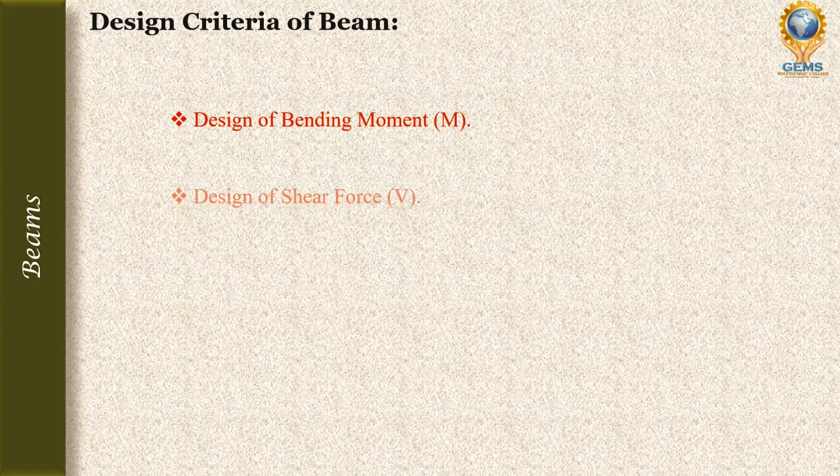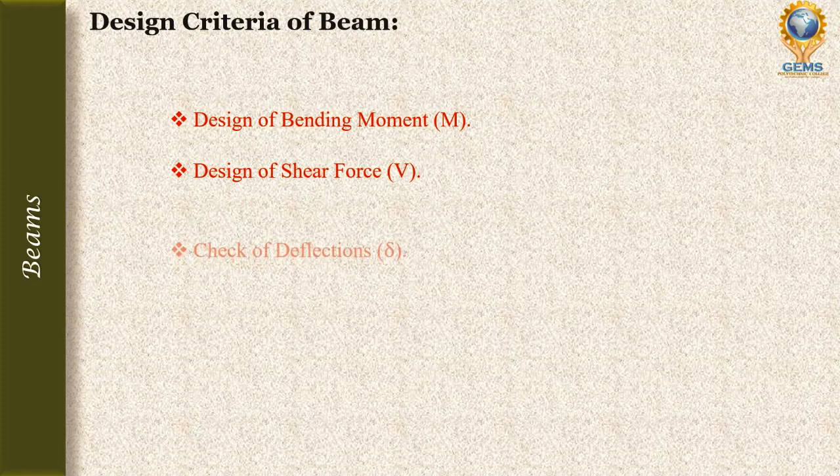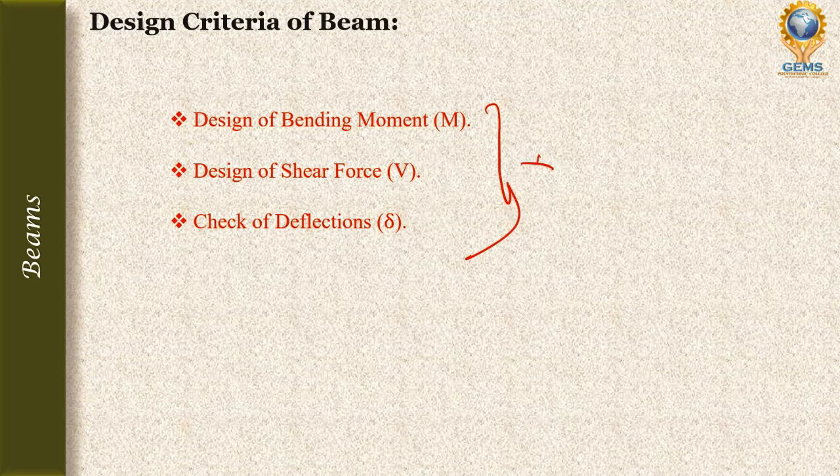Second one is design for shear force. Third one is check for deflections. These three are the major design criteria of a beam. In this video, first we see the design for bending moment. The remaining two we will see in the next video.